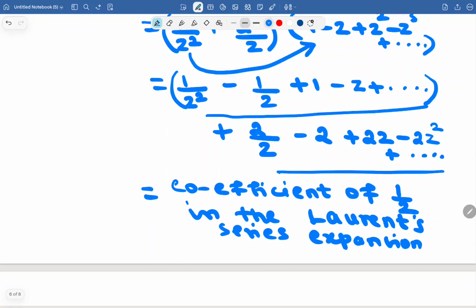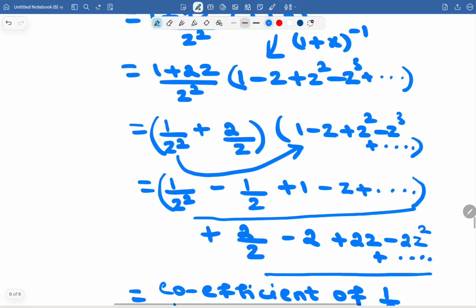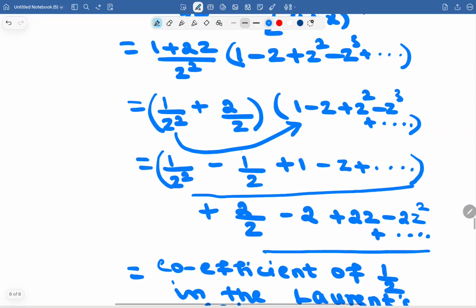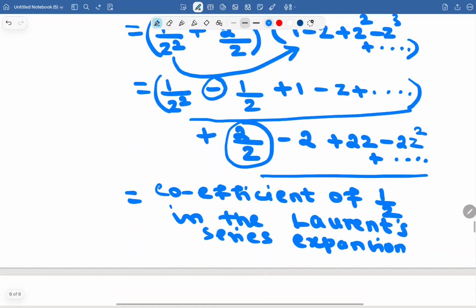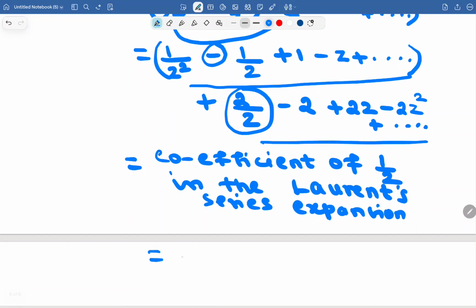Here the coefficient of 1 by z is minus 1. Here the coefficient of 1 by z is 2. Therefore, minus 1 plus 2 is equal to 1.